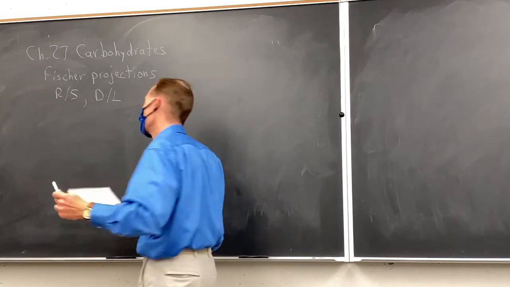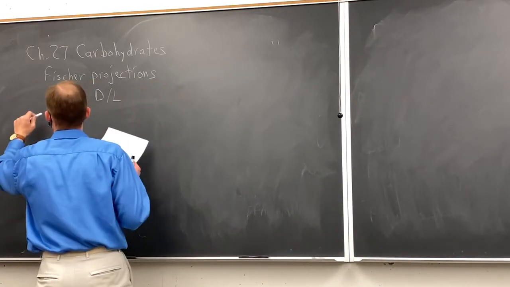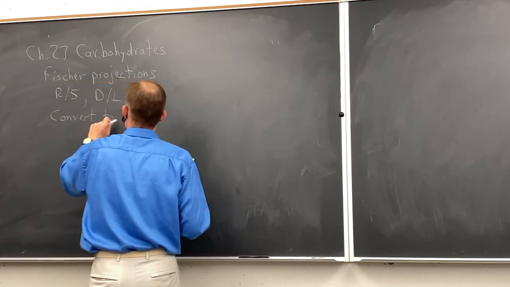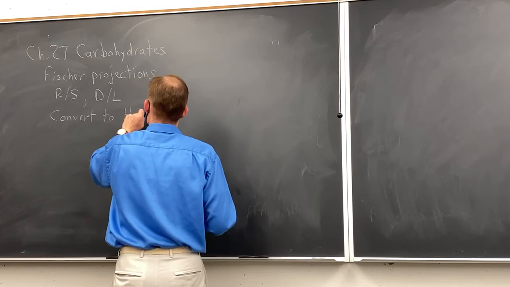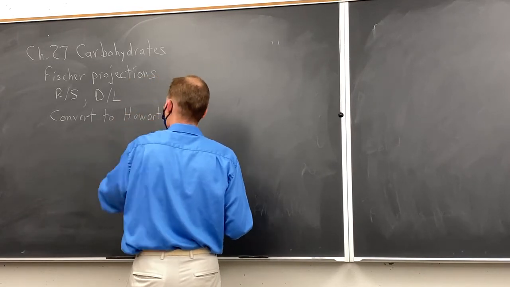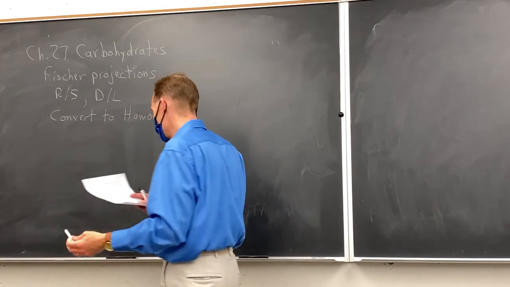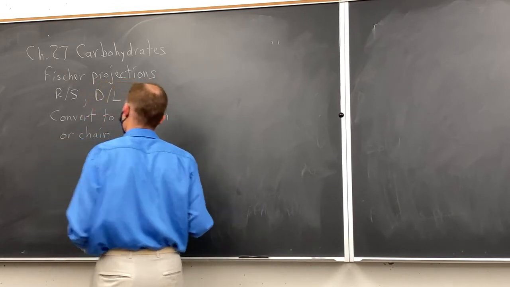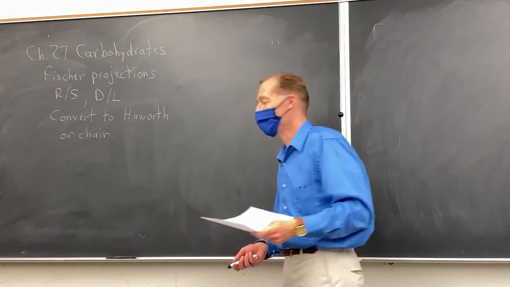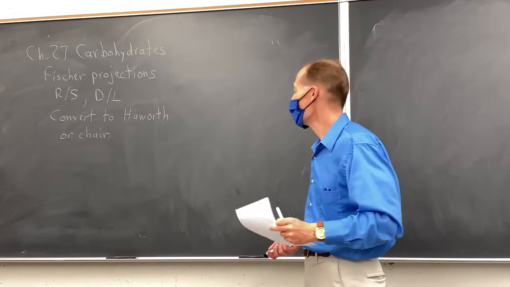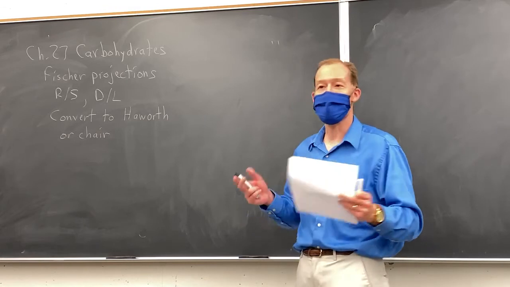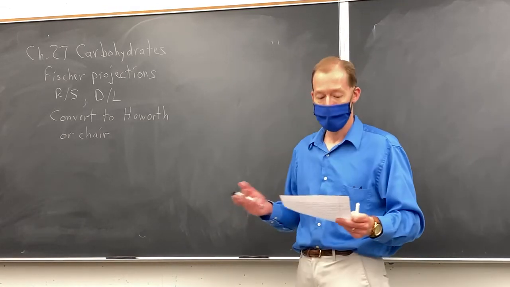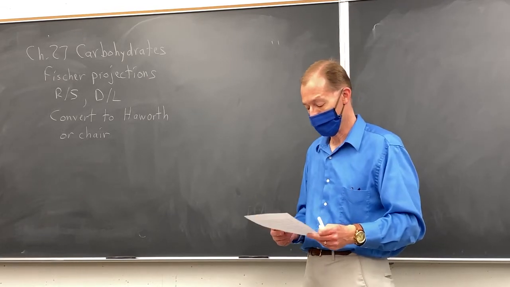You should be able to convert that Fisher projection to cyclic representations of sugars, which would either be the Haworth projection or a chair drawing. And we went over all of those in class. Of course, you should be able to go the reverse direction as well, converting these cyclic versions of our monosaccharides back into an acyclic Fisher projection.